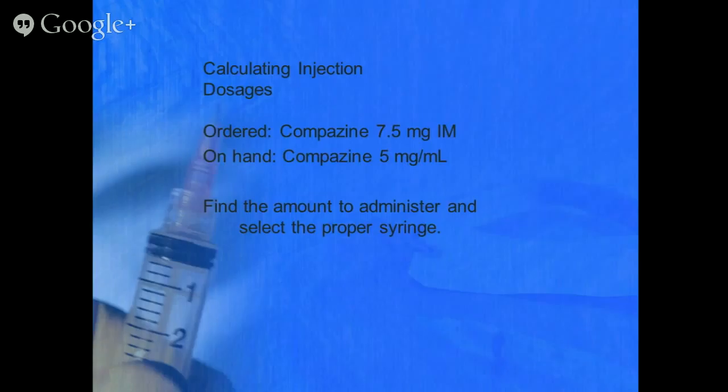In 1 milliliter. So we cross out the milligrams, and what do we end up with? 1.5. So we're giving 1.5 milliliters. What would be the proper syringe to use for 1.5 milliliters? A 3 milliliter syringe.